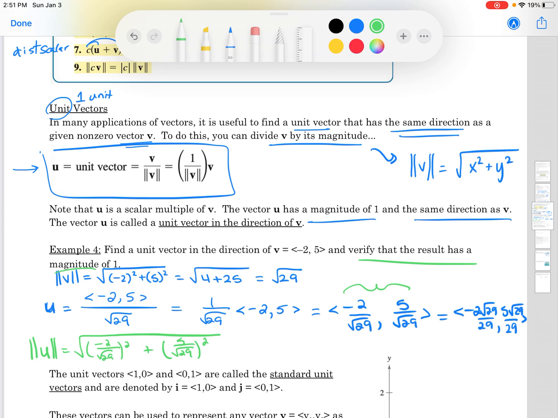That is going to give us the square root of 4 over 29 plus 25 over 29, which is the square root of 29 over 29, which is the square root of 1, which is 1. And sure enough, our unit vector has magnitude 1.